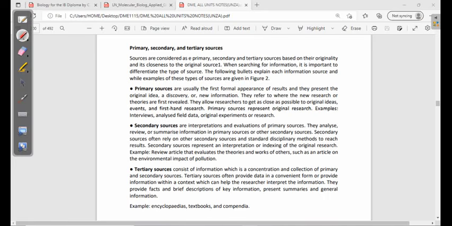Now, when you're talking about primary sources, these are just the first formal appearance of results. For example, when we are talking about the understanding of, let's say, phenotypes in biology, the first one who taught us about the understanding of phenotypes, we can refer to Mendel. So the work which Mendel did, that was the first formal appearance of the results which were collected.